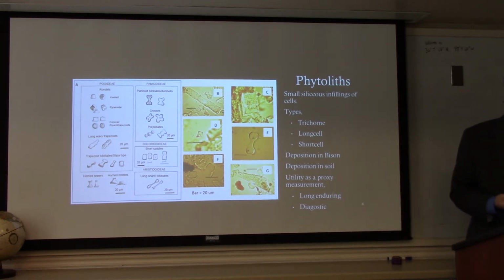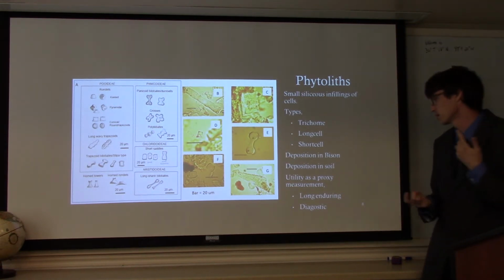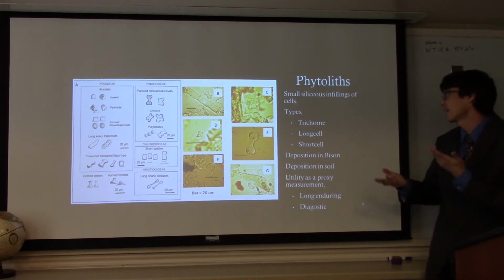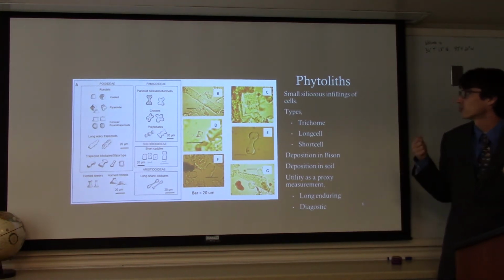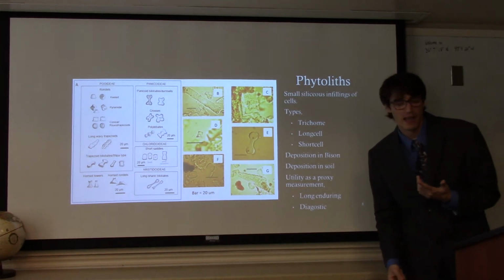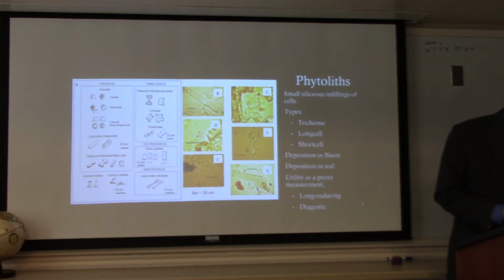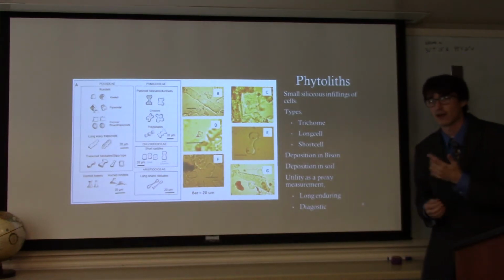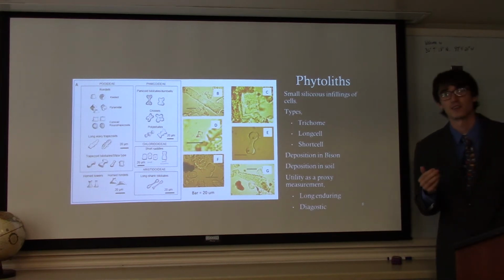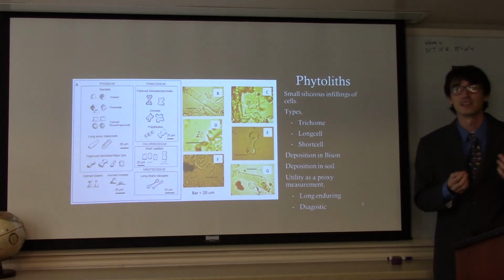These phytoliths are useful as a proxy measurement because, number one, they're very long enduring, because, again, they're very small structures. They're fairly sturdy. There is, within the literature, a reference to a diagnostic phytolith found within a Maastrichtian-age dinosaur coprolite. So we're talking in the span of hundreds of millions of years old.